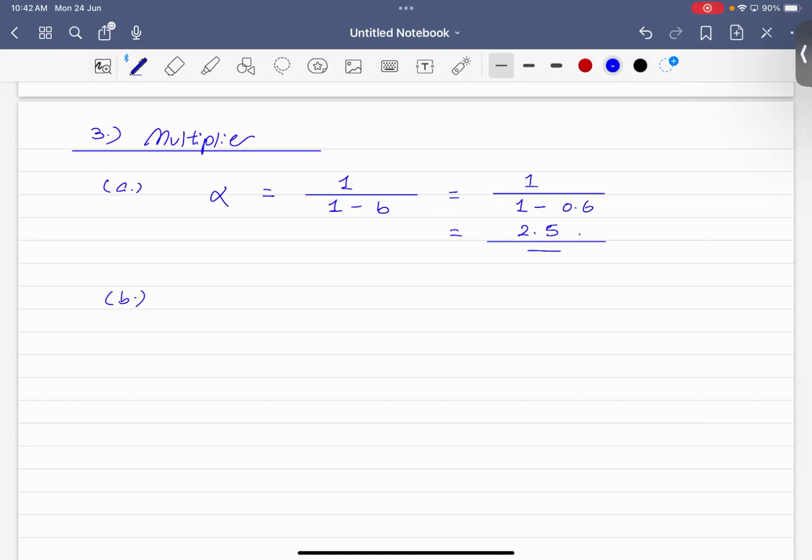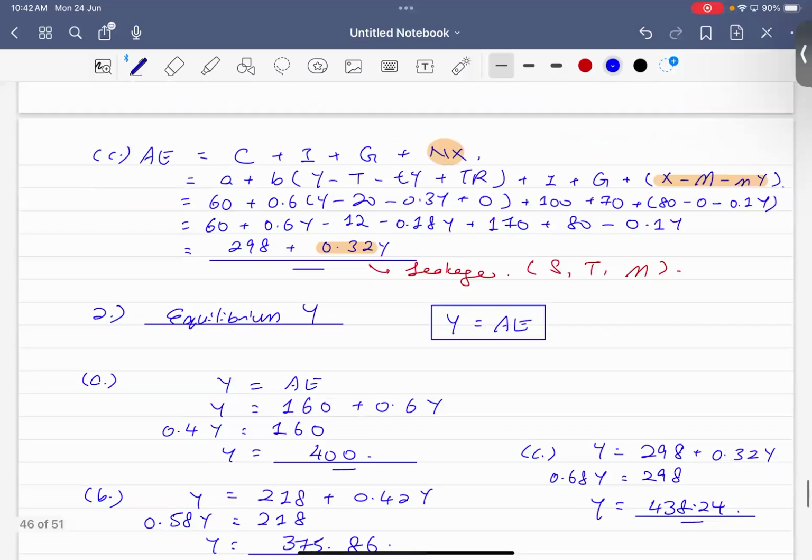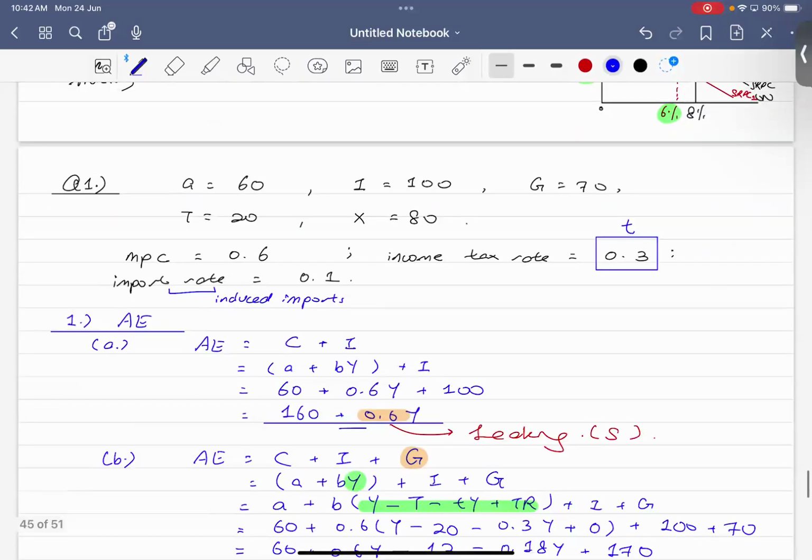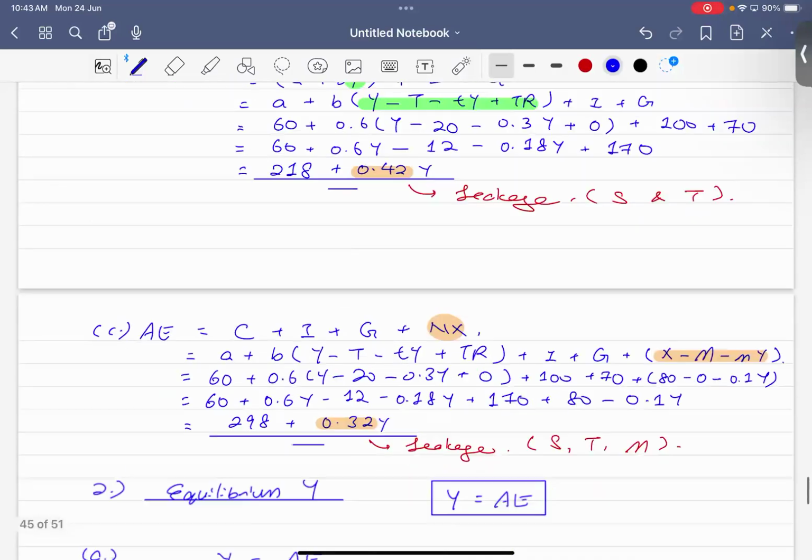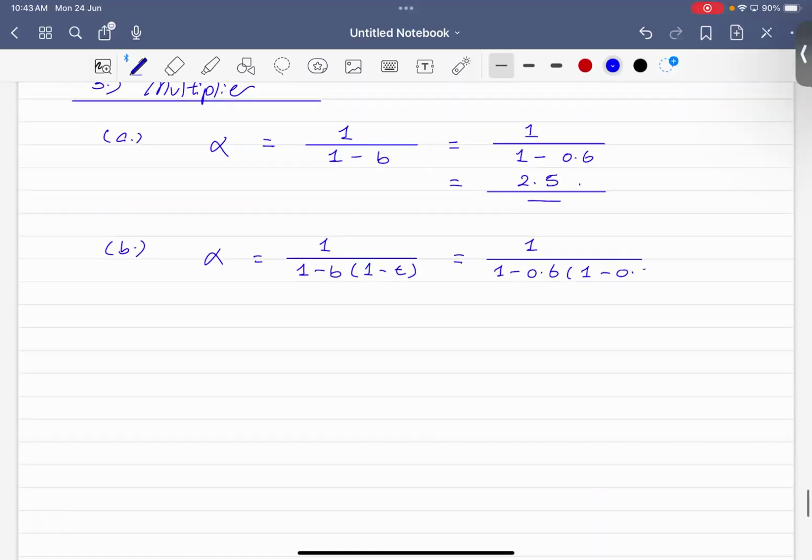Question B for 3 sector, how does the formula look like? 1 divided by 1 minus B bracket 1 minus T. Students will start to make mistakes already. So 1 minus B here, B is 0.6, bracket 1 minus T. T here is the induced tax, the small letter t, 0.3.